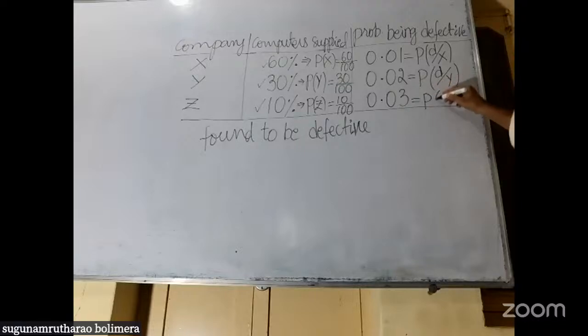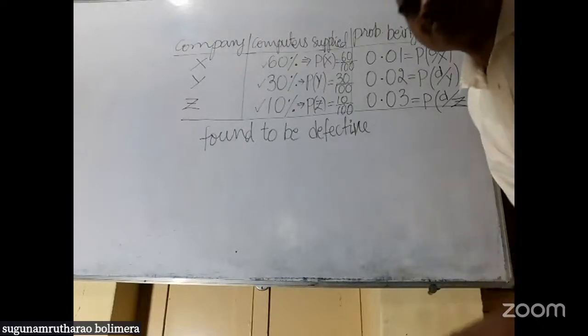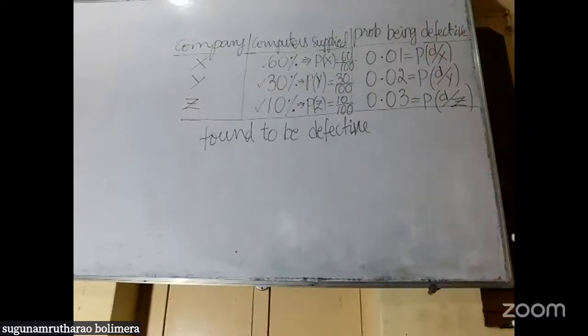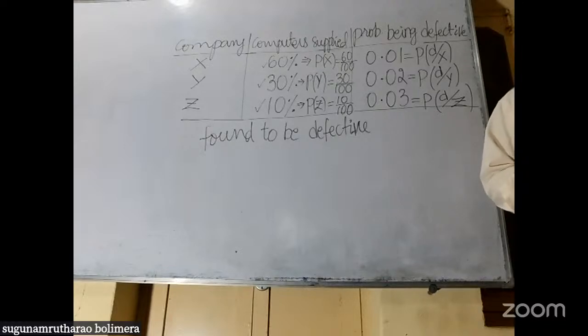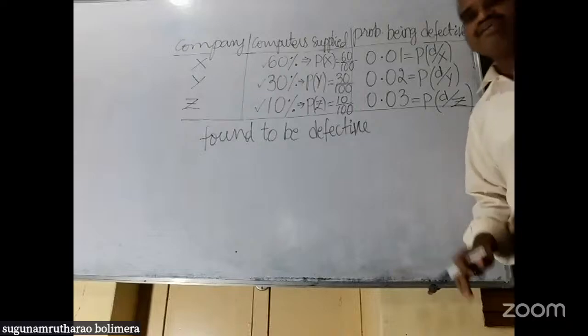So P of D given Z. Is it clear? This is the data identification. Whenever any problem is given, you need to write the correct data like this.